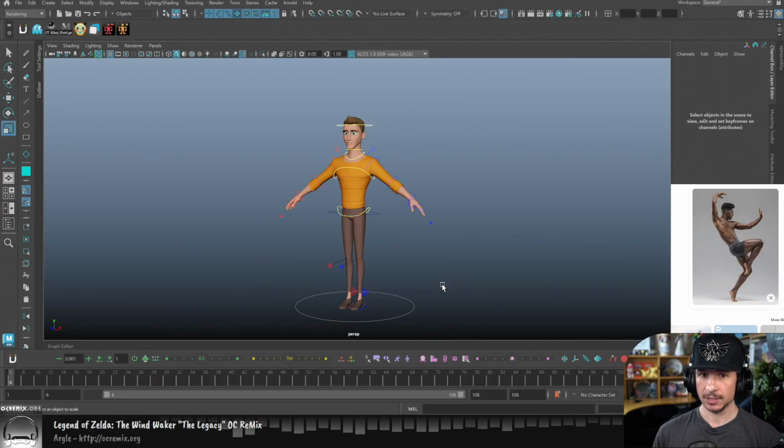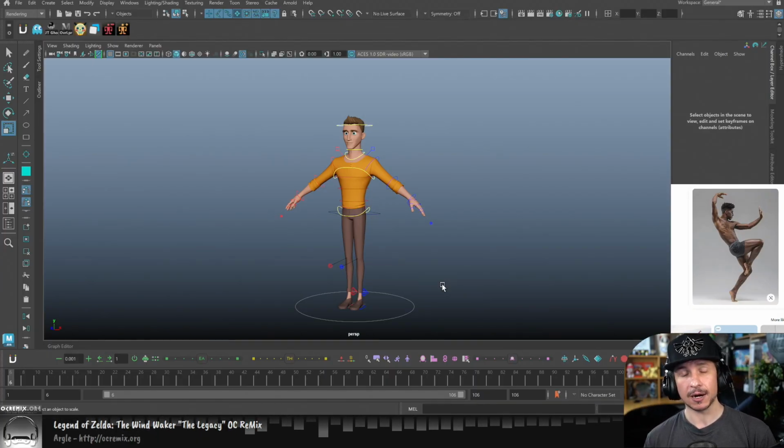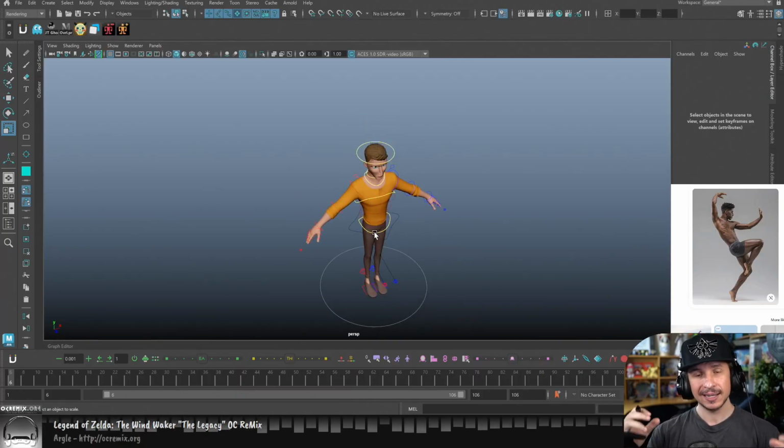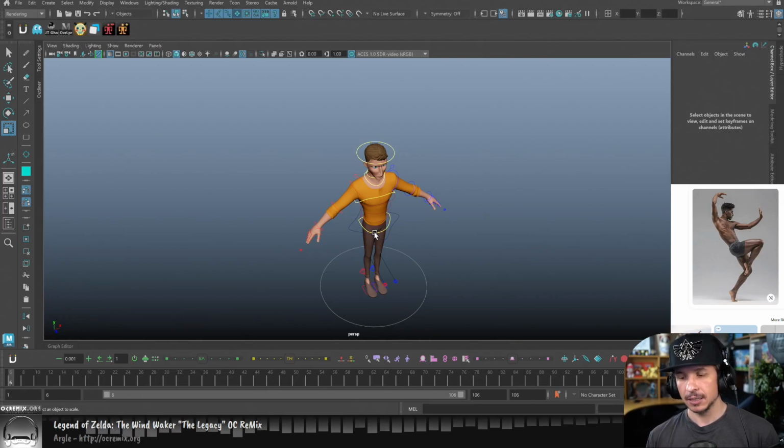We always want to have at least two cameras. The perspective, which will usually be our work camera, that's the thing that we're going to pan around and move around. And then a camera that's just going to sit there and show the audience what we want to show them.